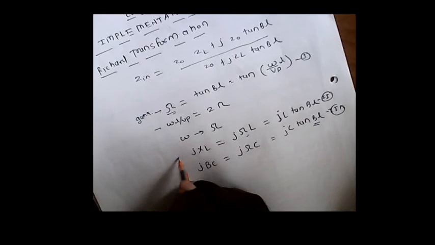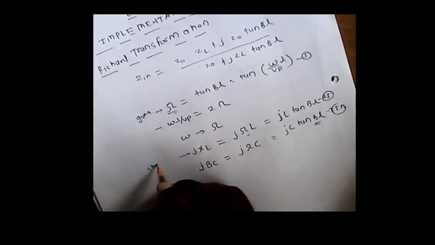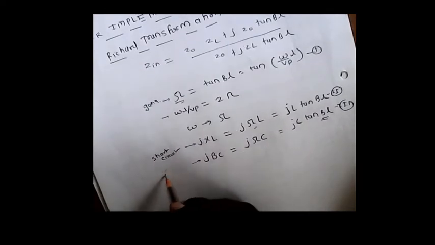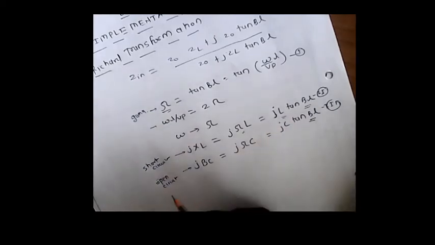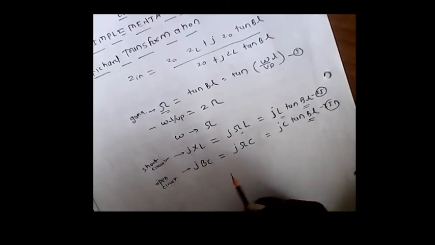Thus the result indicates that an inductor can be replaced by a short circuit stub of length βl and characteristic impedance L, while a capacitor can be replaced by an open circuit stub of length βl and characteristic impedance 1/C.